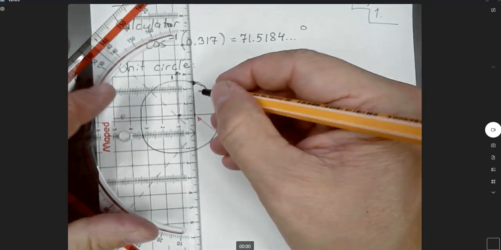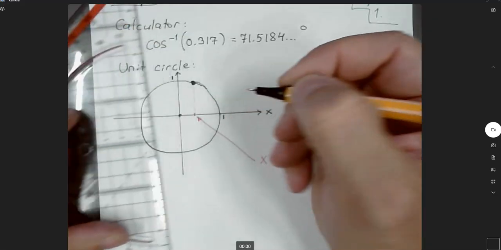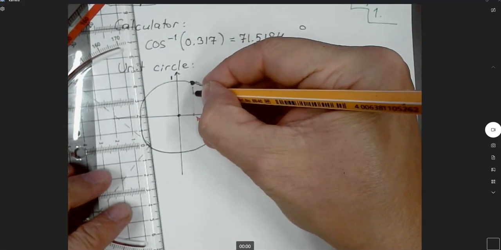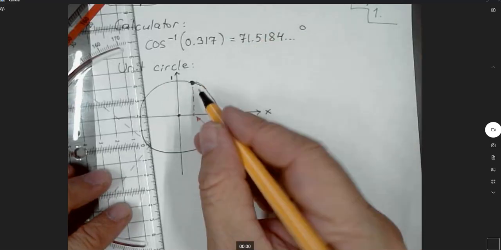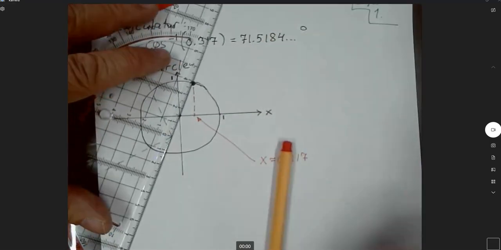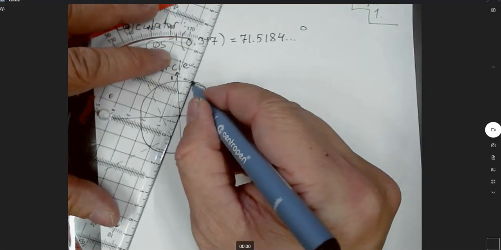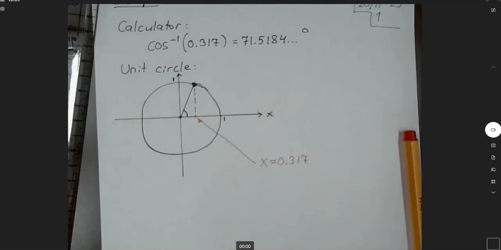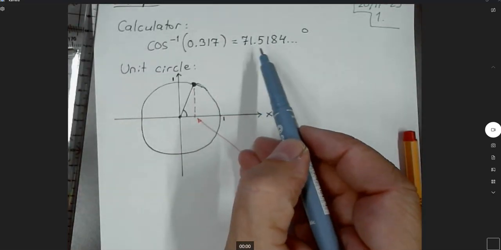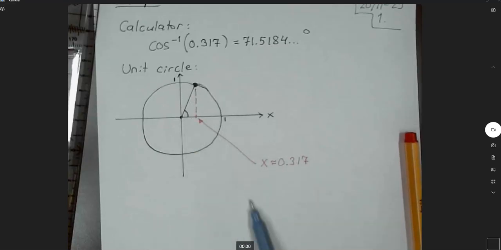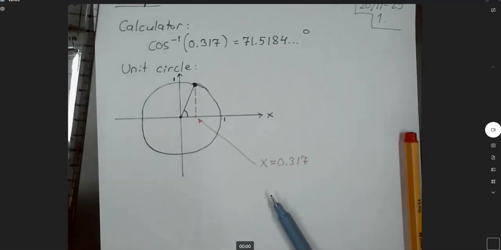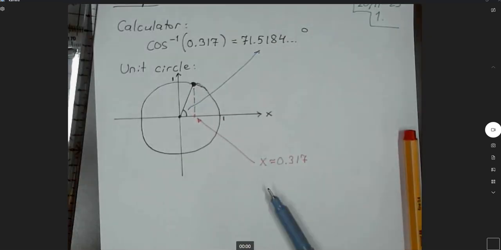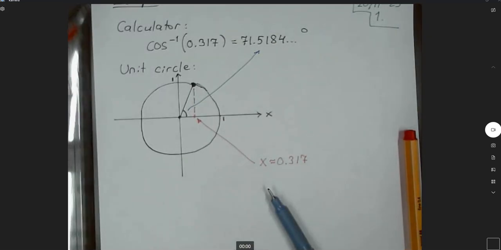There is another one, and we can see that this is actually the angle we got from the calculator, about 71 degrees. So here we find the 71 degrees.